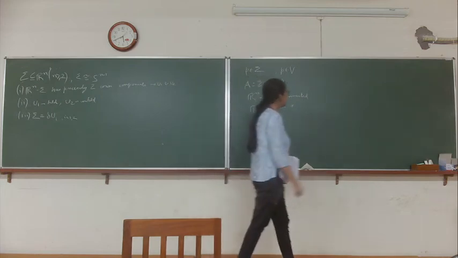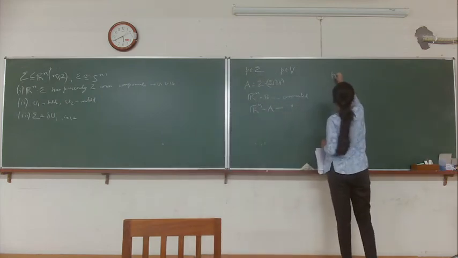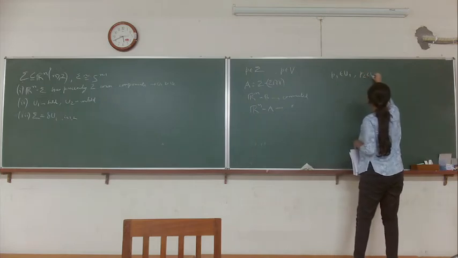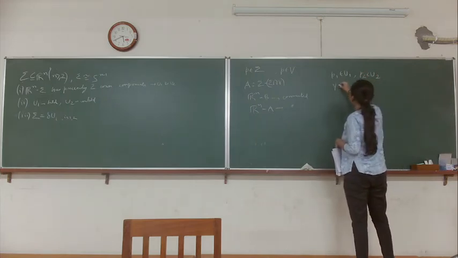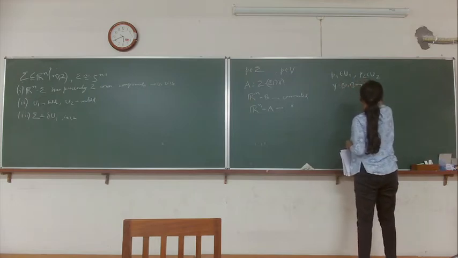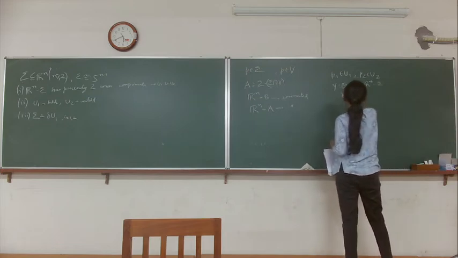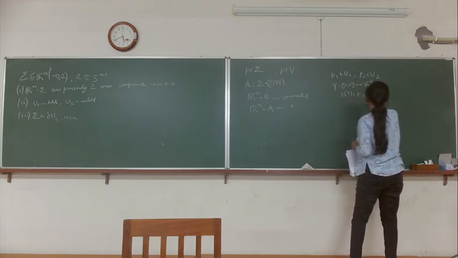So if we take a point P1 in U1 and P2 in U2, we get a path gamma from the closed interval [0,1] to Rn minus A, which starts from P1 and ends at P2.